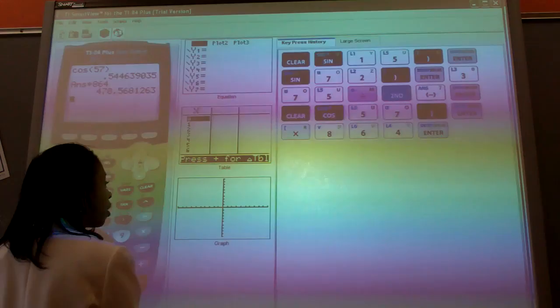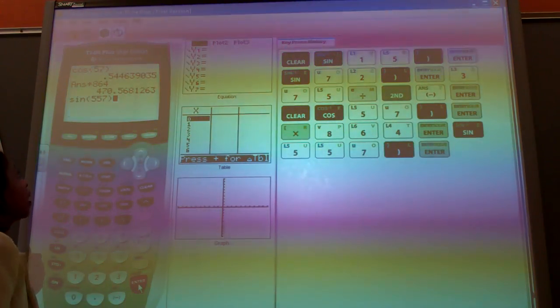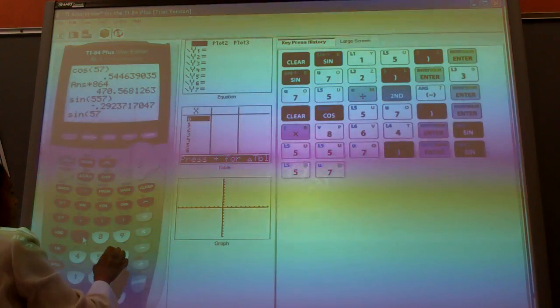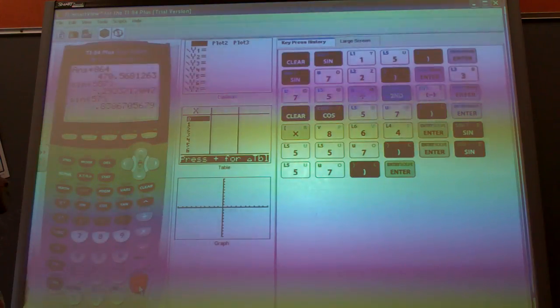So I come back to my calculator and find out what the real number is, the sine of 57 degrees. Oops, I put 557, so let's fix that. One too many fives. And I get 0.83867 something.